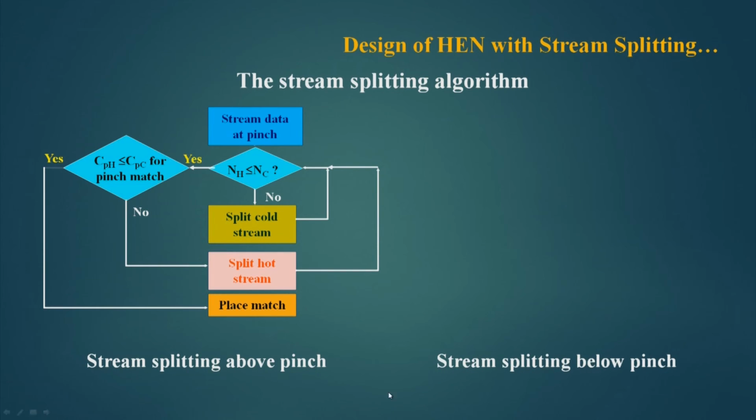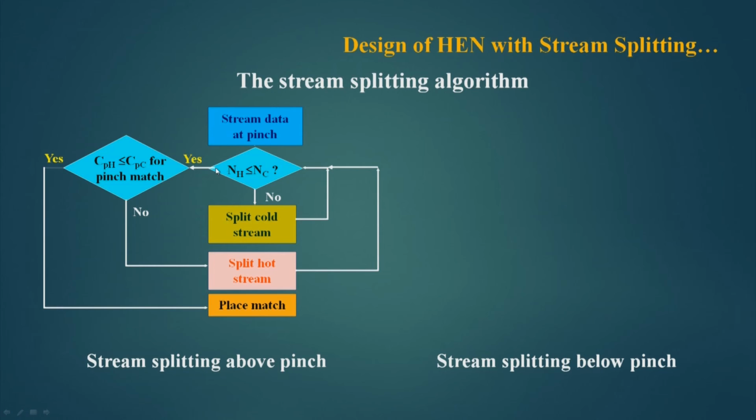Now, this is the stream splitting algorithm for the above pinch area, that is the hot end. We have to take the stream data at the pinch, then check whether NH is less than or equal to NC. If no, then we will split a cold stream, so that the number of cold streams increases, and we will continue doing so until this is matched.